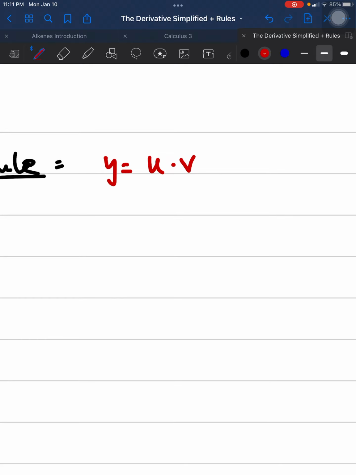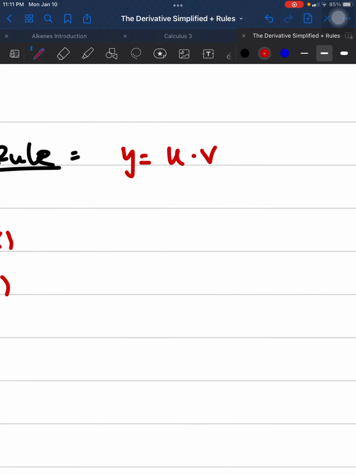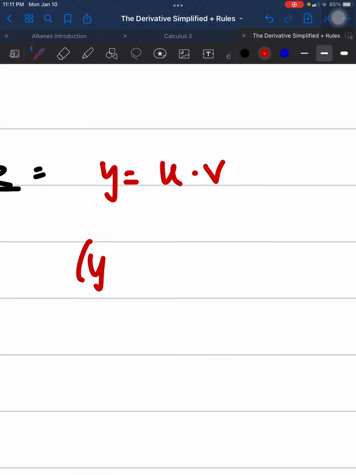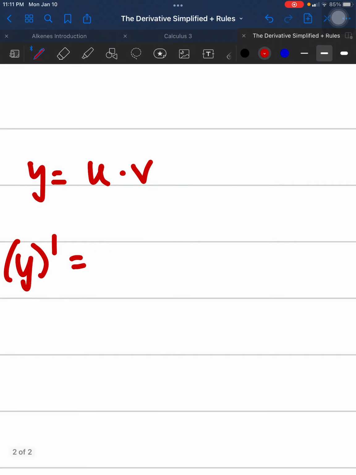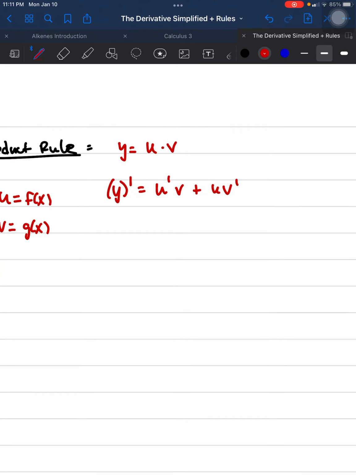We have a product here, so we want to find the derivative of this product. y prime is equal to u prime v plus u v prime.